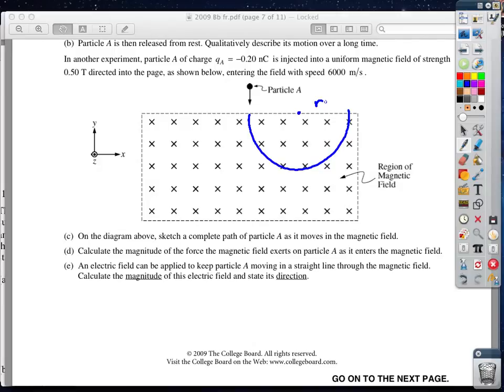Calculate the magnitude of the force the magnetic field exerts on the particle as it enters the magnetic field. So F sub B is just going to be QVB. Everything's perpendicular, so that makes life easy. So it's just Q times V times 0.5. So that becomes 3,000. 3,000 times 0.2 becomes, what? 600 or something?